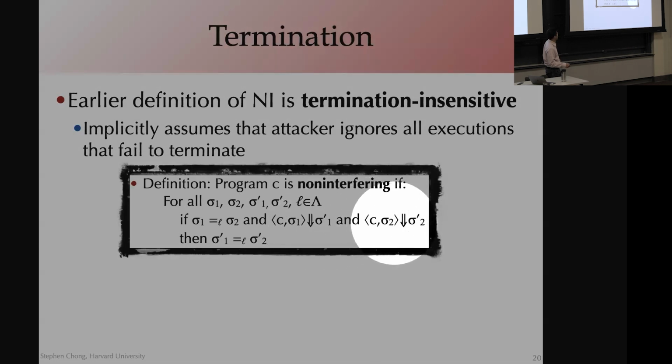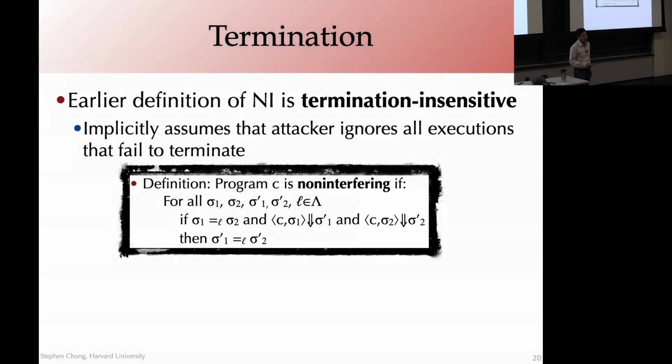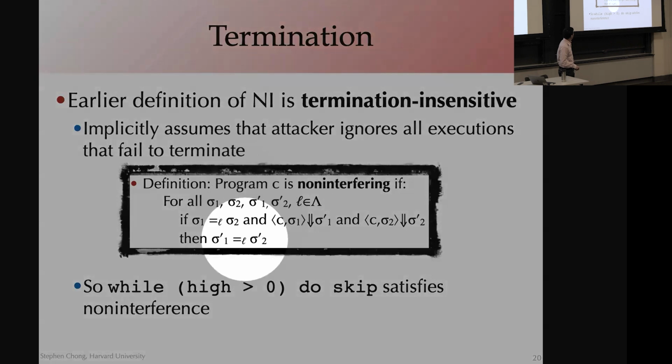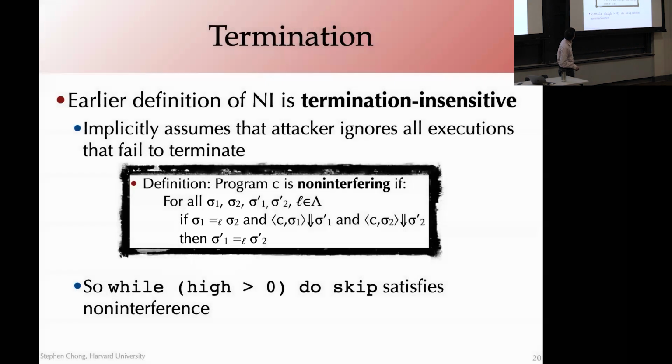Similarly with sigma 2 and sigma 2 prime. So what that means is that the program, while I is greater than 0 do skip, does actually satisfy non-interference, mainly because in any two executions where it terminates, the low outputs are the same, right? But if an adversary was able to observe termination versus non-termination, they would clearly learn information about that high input.